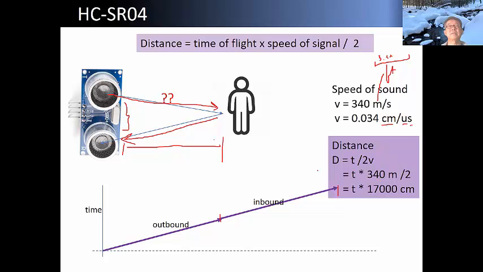And then distance can be calculated from the elapsed time between the time it emits and the time it receives. During that time period, the signal traverses this round trip, right? From here, there, and come back. Whatever the time elapsed here, that is the time for the round trip.